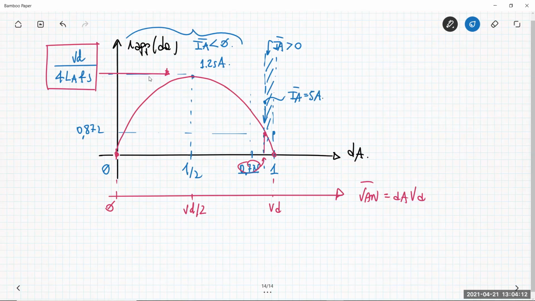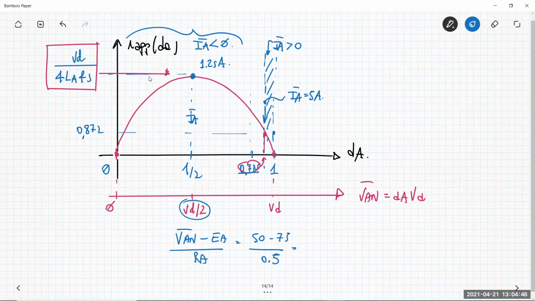In that situation, the average value is given by VAN minus E over RA, and VAN here is VD divided by 2. So it is 50 minus 75 over RA, which is 0.5.